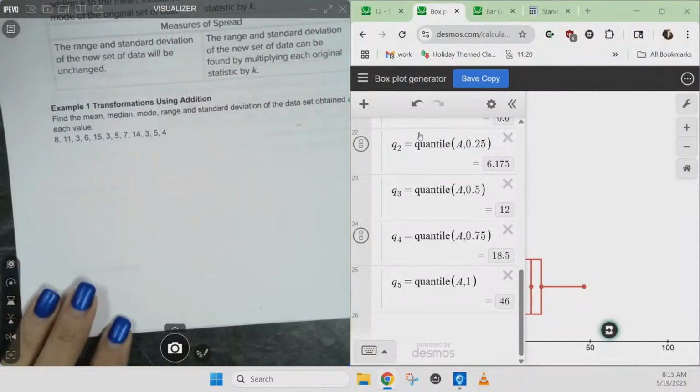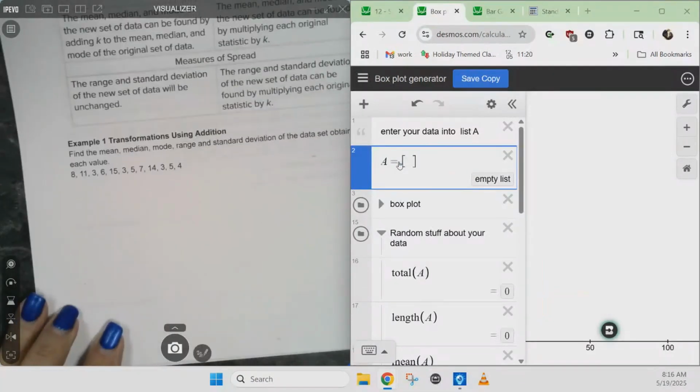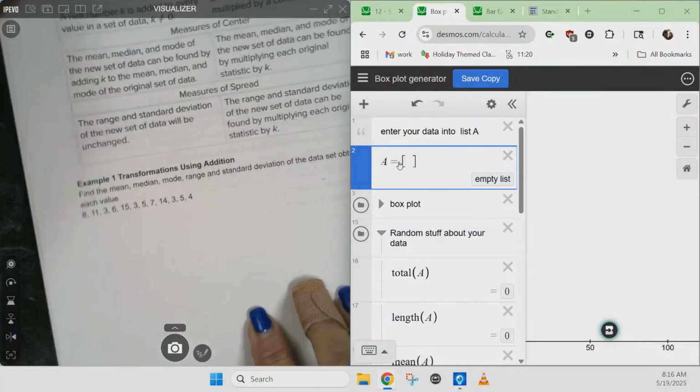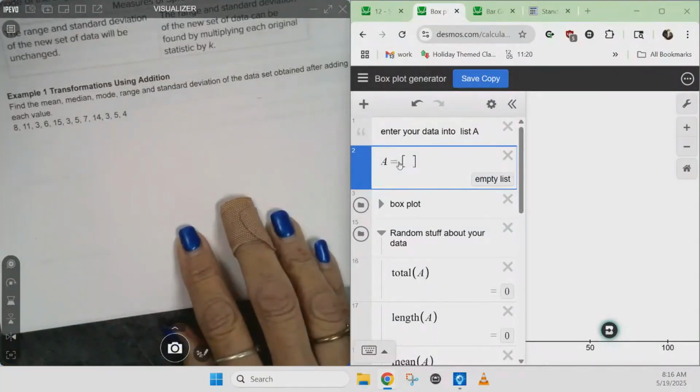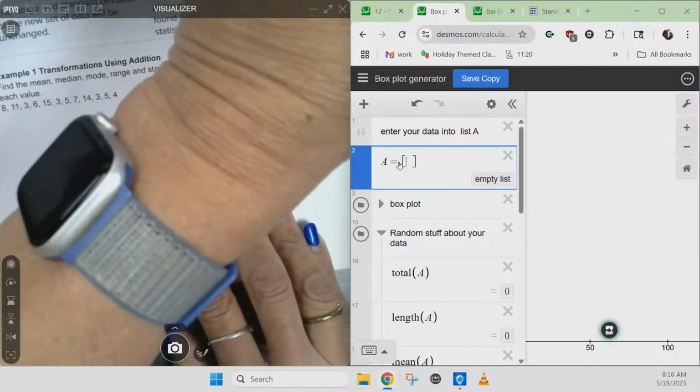So I'm going to take this information and replace it.